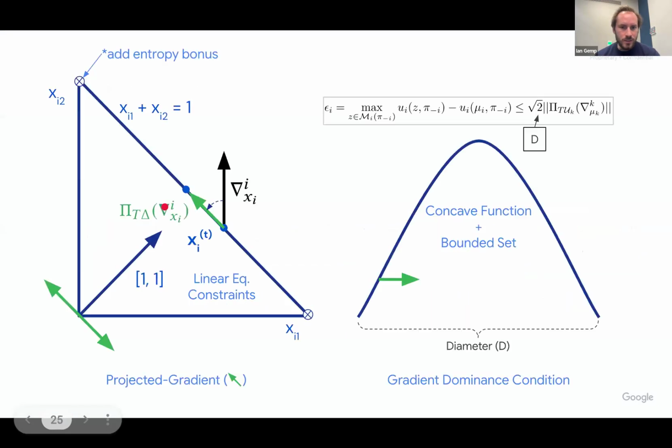Okay. Actually, the projection is acting on the gradient, not on the occupancy measure. I just want to clarify that this projection is not a projection onto the feasible set. It's a projection of the gradients onto the tangent space of the feasible set. So those don't obey the same equations.